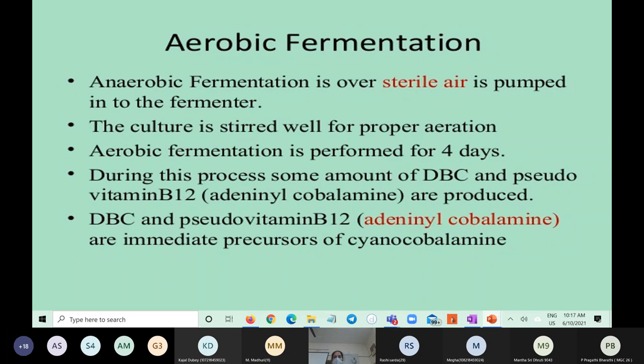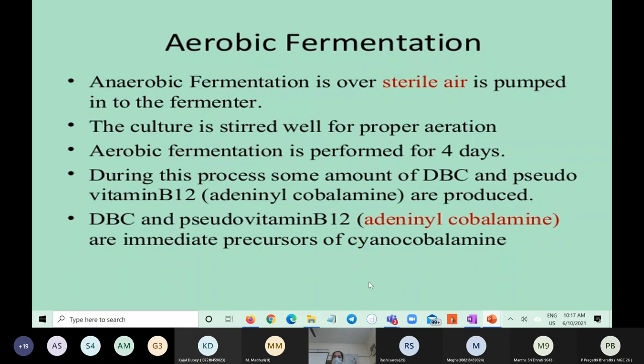But now in this process, some amount of DBC and pseudo vitamin B12, that is adenylyl cobalamin, will be produced. These are the precursors of cyanocobalamin. Why is it called pseudocobalamin? Because structurally it is the same, but it has no characteristic function of cyanocobalamin.